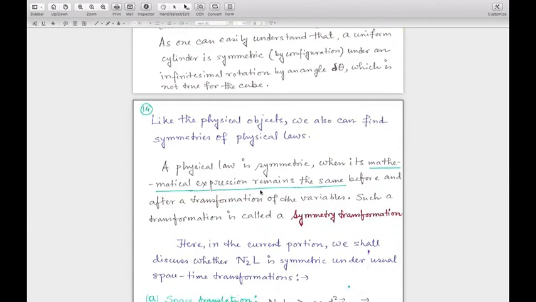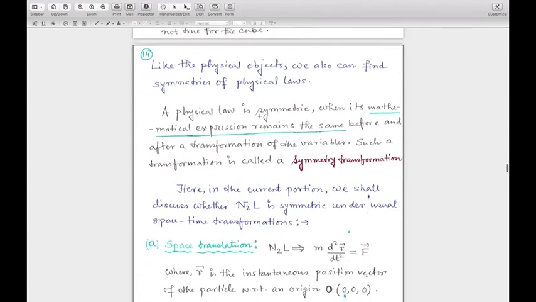Like these physical objects, or rather the configuration of these physical objects, we also can define symmetry for physical laws. For physical laws, the symmetry is defined in such a way that if the variables in the physical equation under a certain transformation do not change the equation as a whole, then the law is said to be symmetric under that transformation or modification.